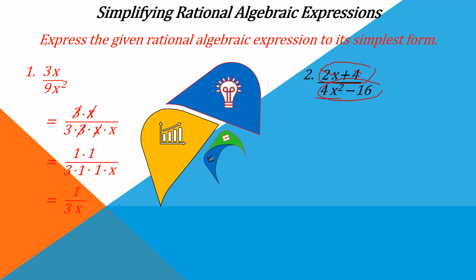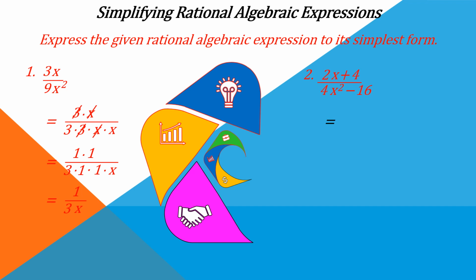Therefore, the numerator should remain as 2x plus 4, and the denominator we need to factor. Factoring 4x squared is 2x multiplied by 2x, and 16 is 4 multiplied by 4.